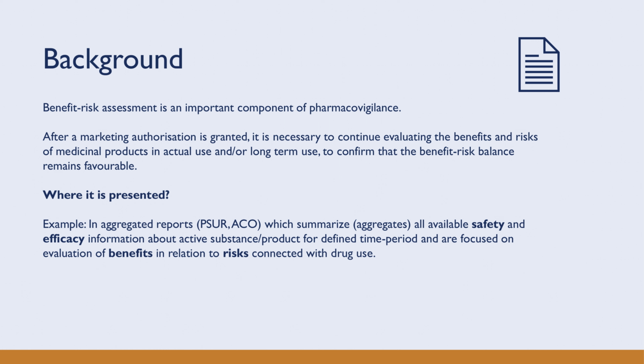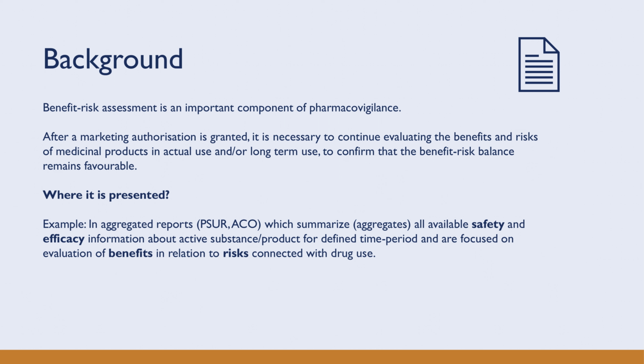Background. Benefit risk assessment is a cornerstone of pharmacovigilance. After a marketing authorization is granted, continuous evaluation of the benefits and risks in actual use or long-term use is necessary to ensure the benefit-risk balance remains favorable.